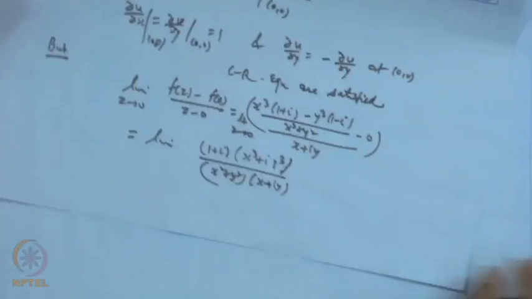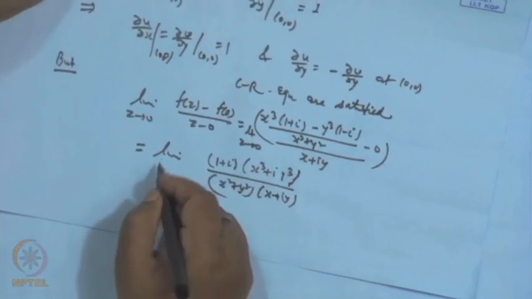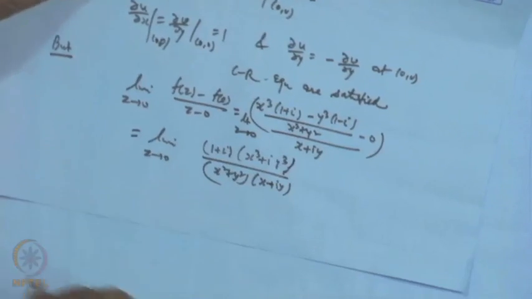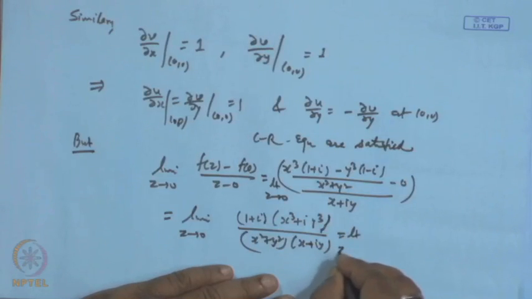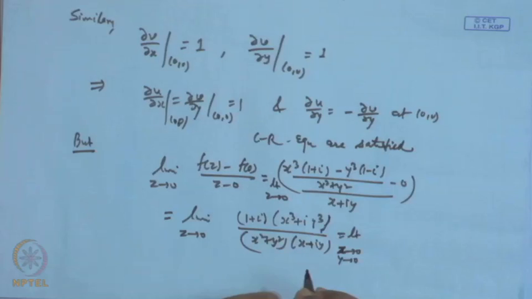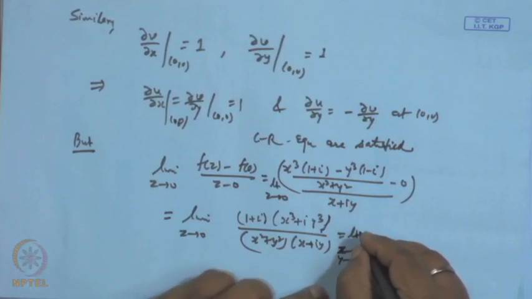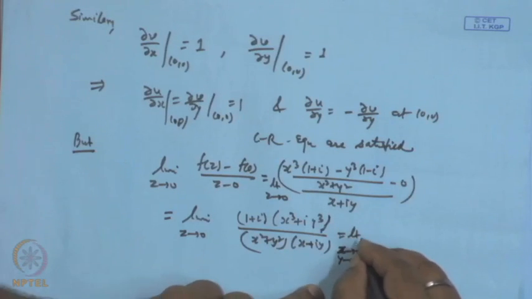Okay. Now, multiply by its conjugate, limit z tends to 0. So, when you multiply by its conjugate, you are getting this. Limit z tends to 0 means x tends to 0, y tends to 0. Okay. Then we take y equal to mx also.